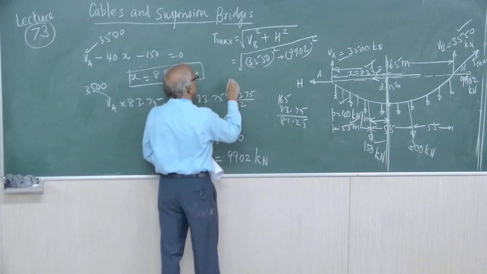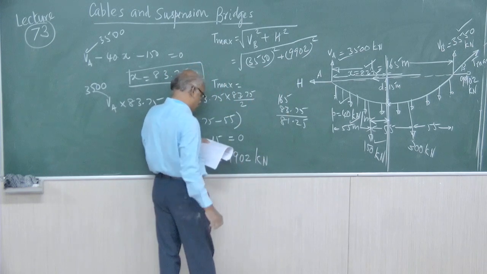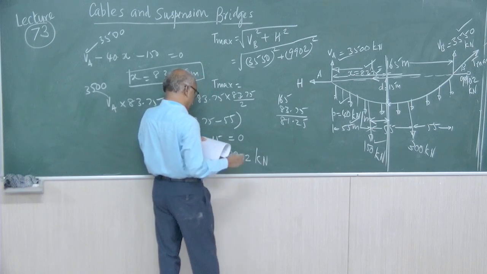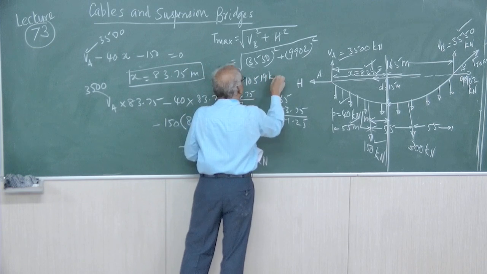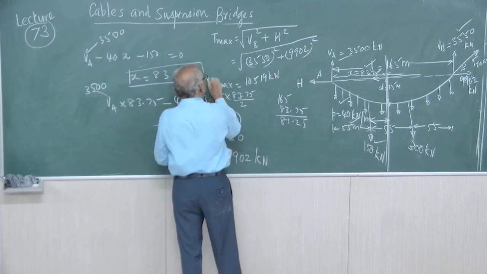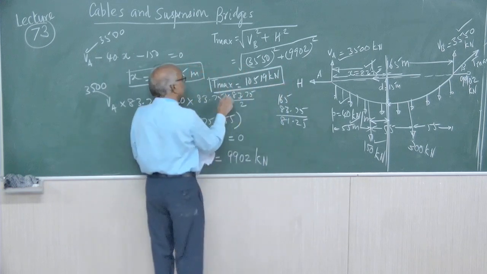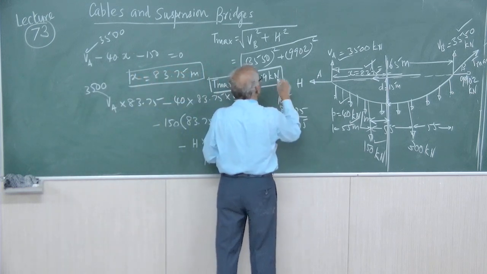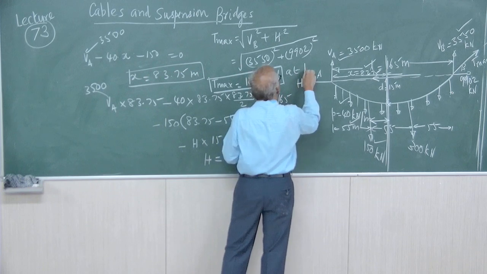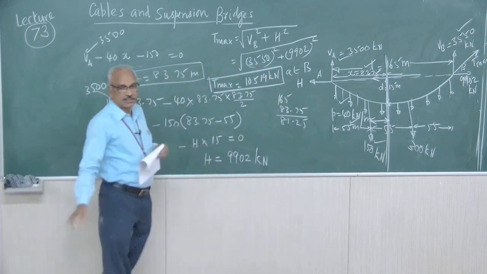Now this value T max equals 10519 kilonewton. T max, the maximum tension, is at the support B. So that is how we have to solve the problem.